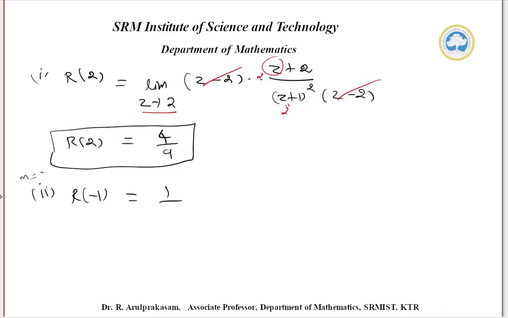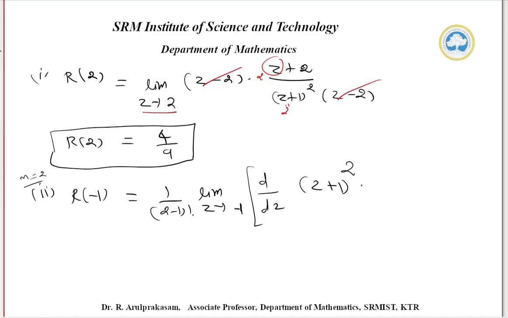So I am writing directly: 1 divided by (2 minus 1) factorial, limit z tends to minus 1, d divided by dz of (z plus 1) whole square into f of z.